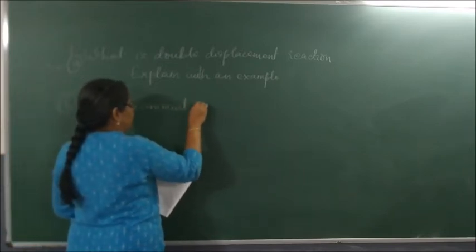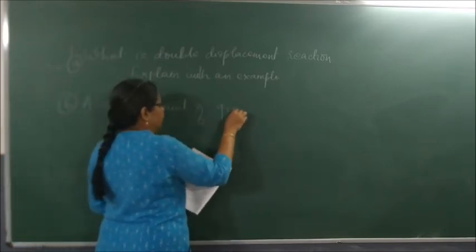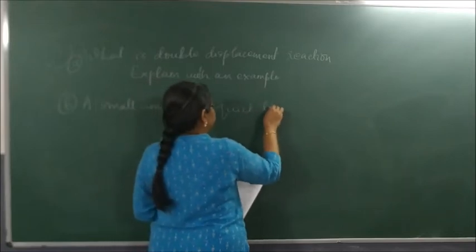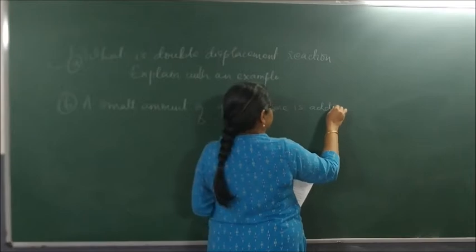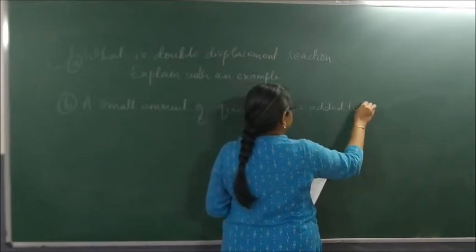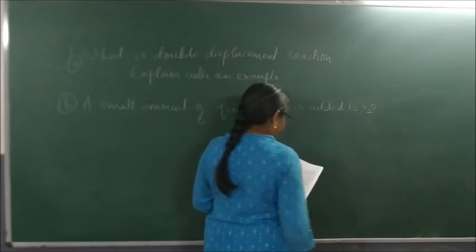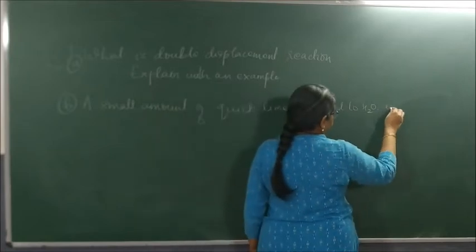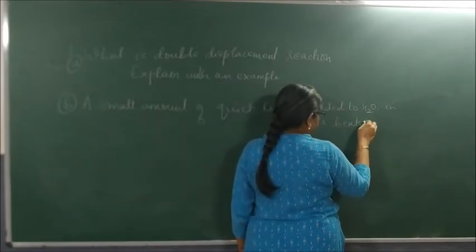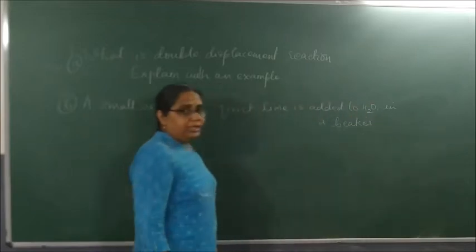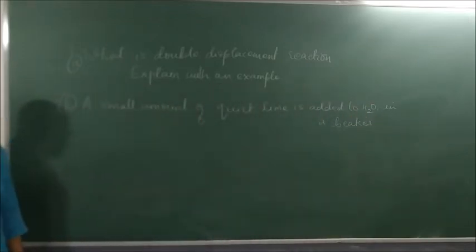is added to water in a beaker. When you look at the question, you know what is quicklime? CaO. When it reacts with water, it forms what?